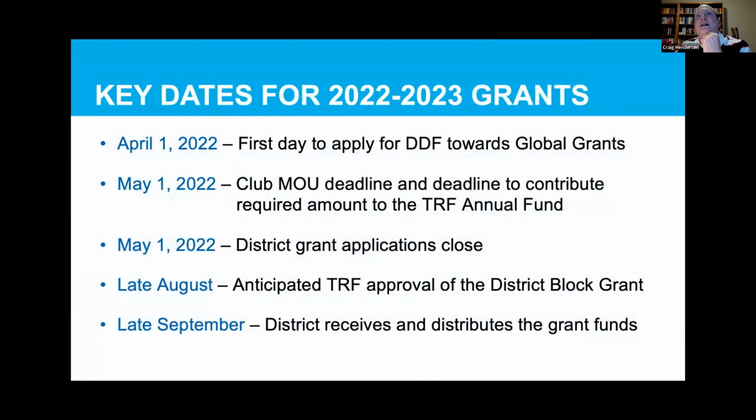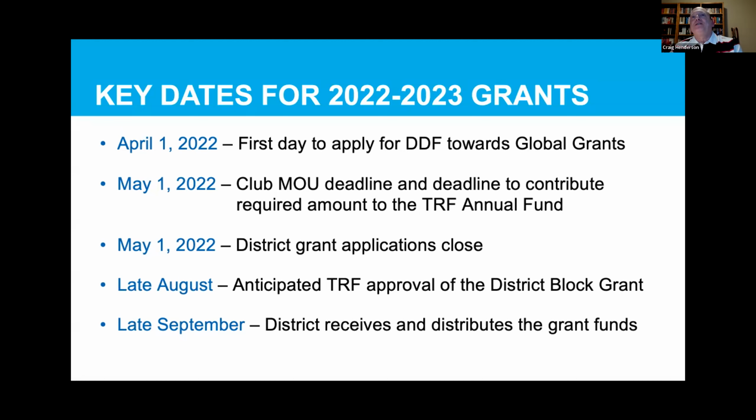Next slide here. This was touched on earlier, but I did just want to mention some of the key dates again. These were the dates that Jamie mentioned in pretty much the second slide of this presentation. April 1st is the opening day for applying for district designated funds as uplifts on a global grant.